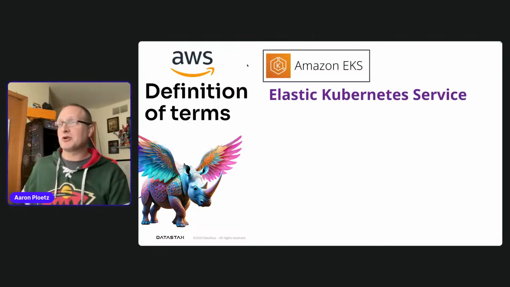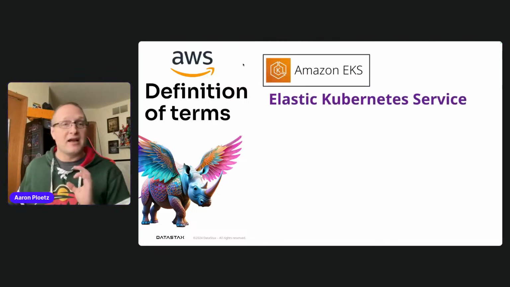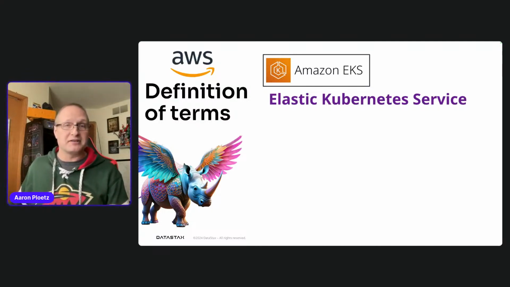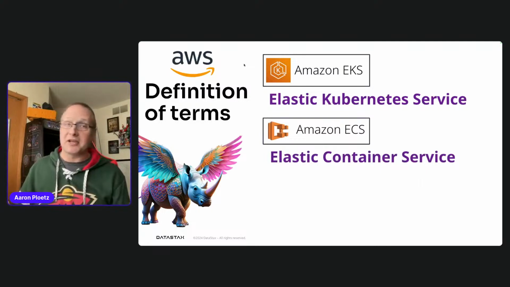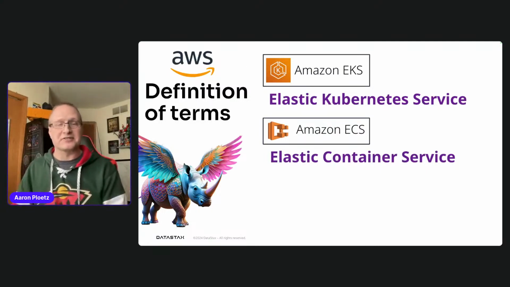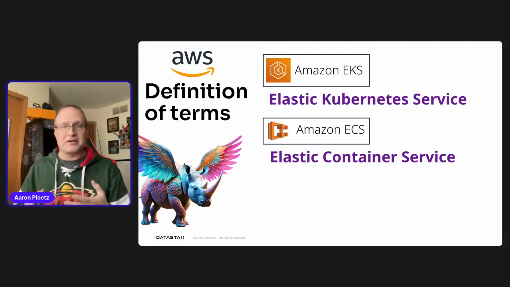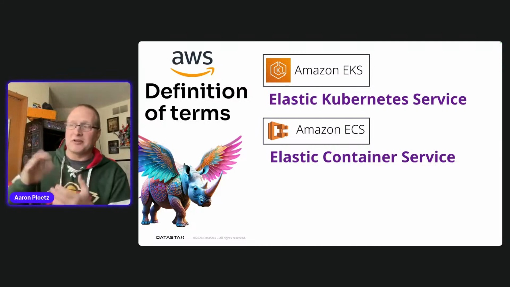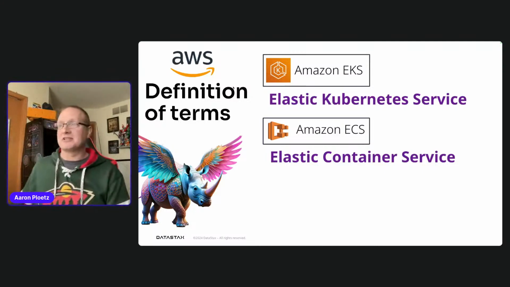All right, so some quick definitions of terms. This is going to be based in AWS, and our Cassandra cluster is going to be running inside of Amazon EKS, or Elastic Kubernetes Service. You'll also hear me talk about Amazon ECS, Elastic Container Service, that lets you take Dockerized images, put them in your AWS account, and run them as containers out in AWS cloud resources pretty seamlessly.